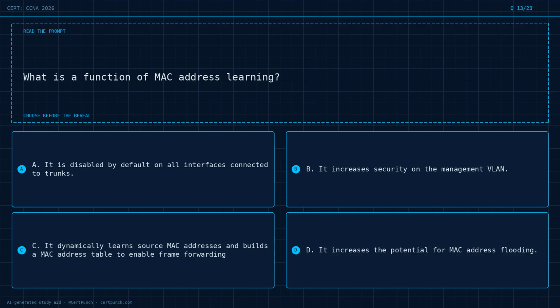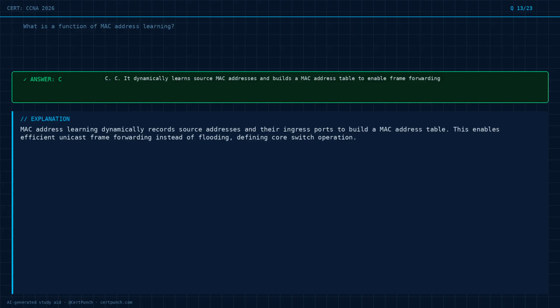Option D. It increases the potential for MAC address flooding. Choose the best answer before the reveal. Commit to it now. The answer is option C. Exam logic. MAC address learning dynamically records source addresses and their ingress ports to build a MAC address table. This enables efficient unicast frame forwarding instead of flooding, defining core switch operation.